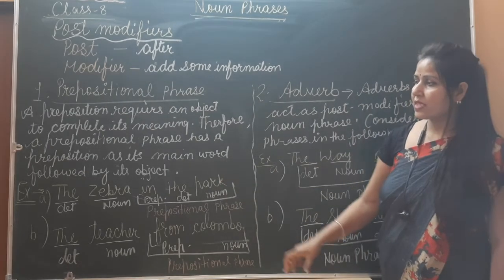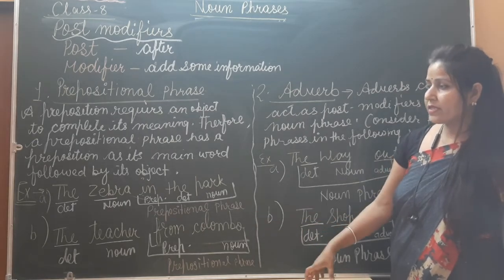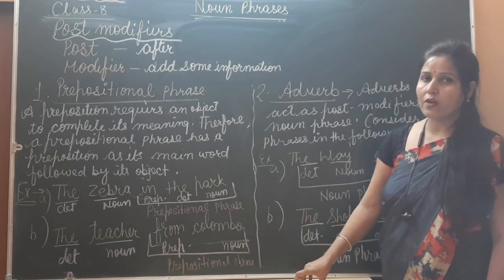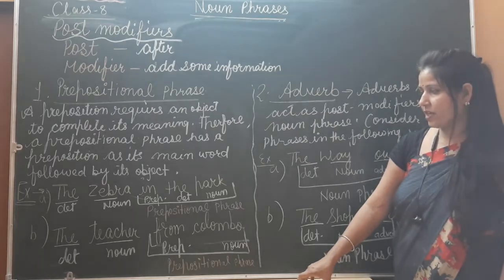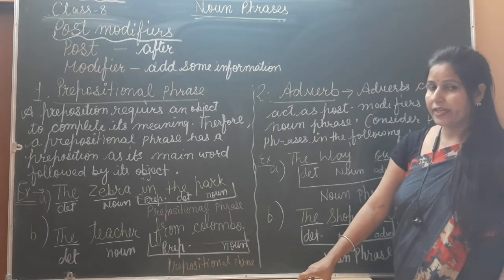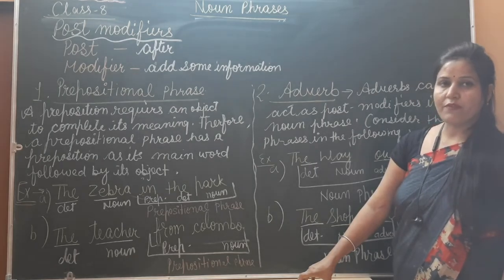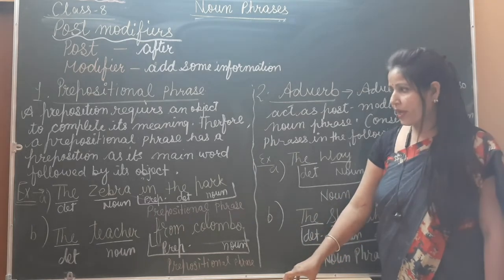Okay. Second example, the teacher from Colombo. In this noun phrase, teacher is a noun. It means the head word and main word is teacher, and after teacher, from Colombo is written, which acts as a prepositional phrase. It means a prepositional phrase acts in a noun phrase as a post modifier.